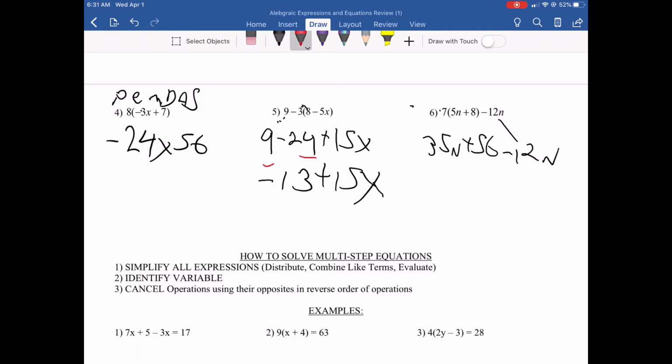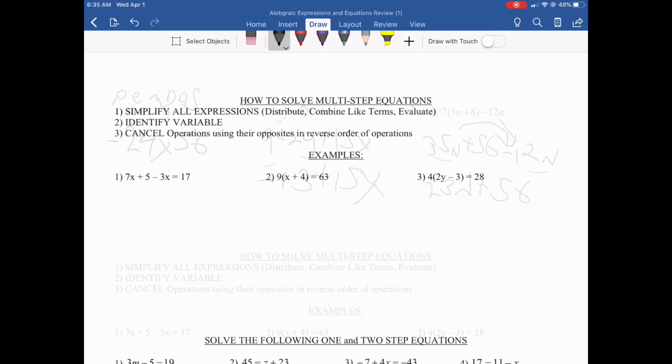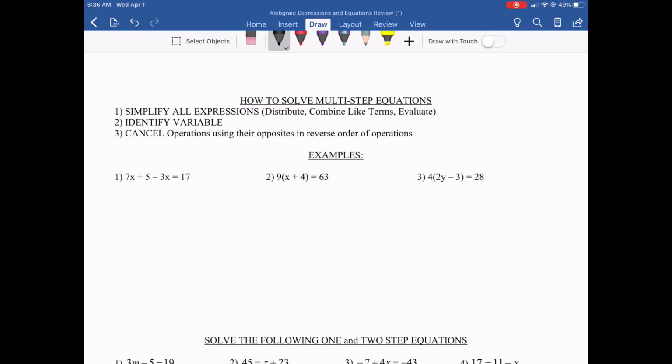Then we're going to combine our like terms, which I underlined in red. 35n, we're subtracting 12n, so 35n take away 12n is going to be 23n plus 56.